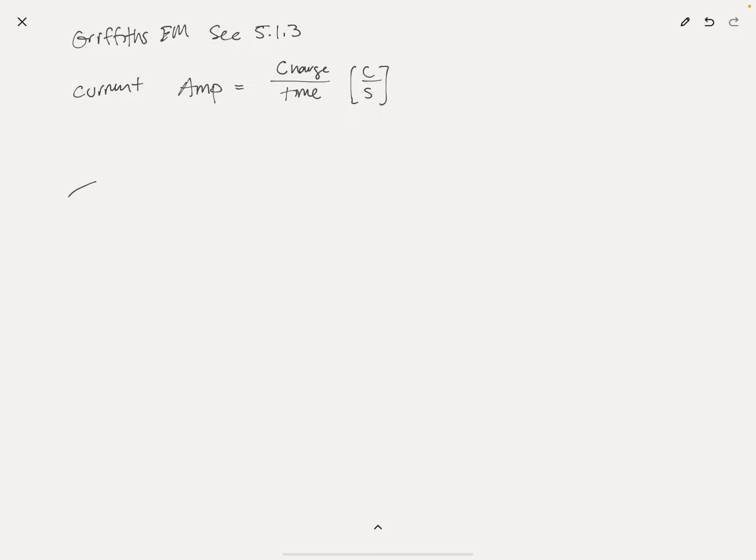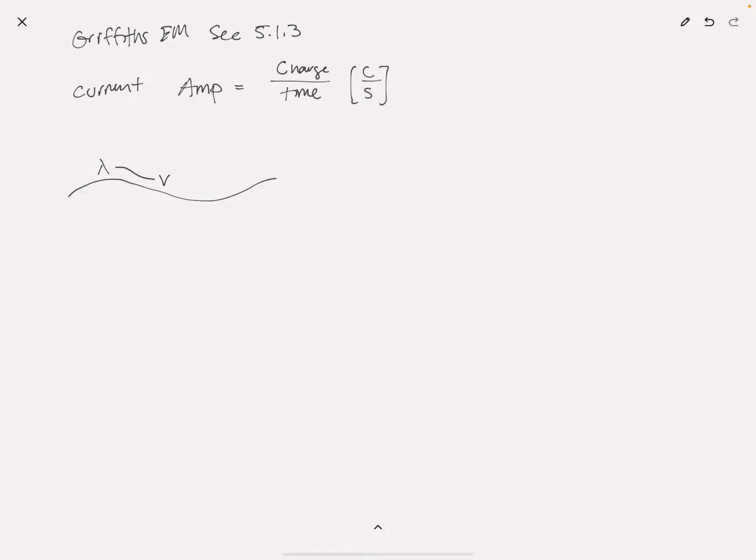So if I imagine some wire or some line of charge, I can define it as having a line charge density lambda, and it's going to move along with the speed v.